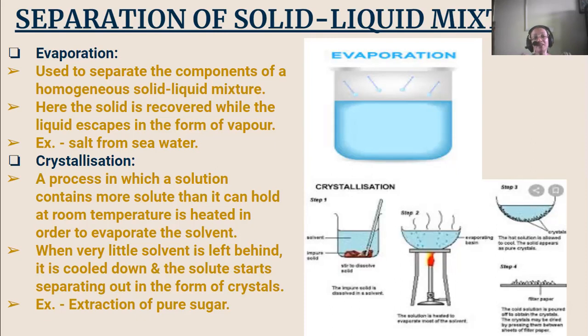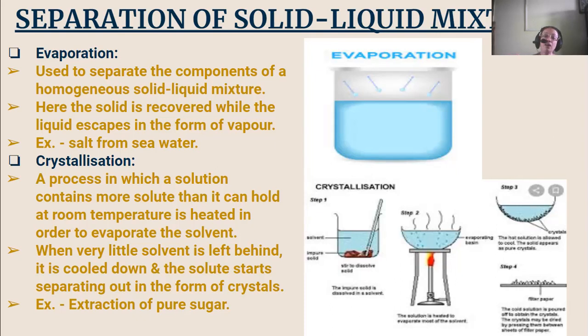Again, we can separate by crystallization. One other process is crystallization. Here also a homogeneous mixture is required, whose components can be separated by crystallization. In this process, the solution, where the solute is completely dissolved in the liquid, will be heated.